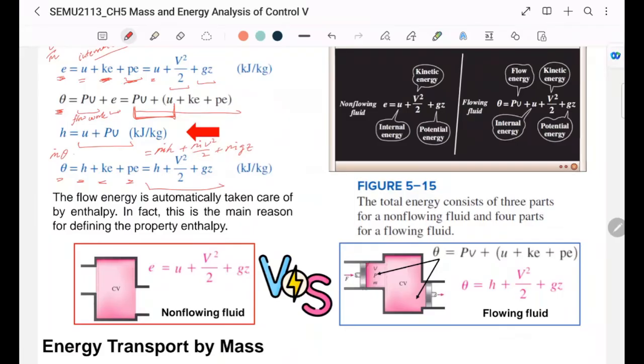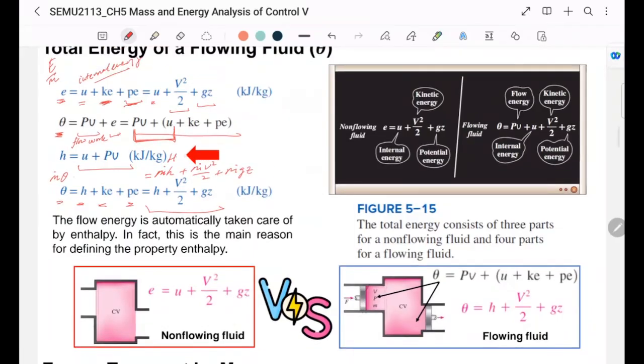Then everything we write in capital. So now this is H plus kinetic energy plus potential energy. Generally, we can write it without the mass, or we can write it with the mass. It's either the specific terms or the absolute terms.